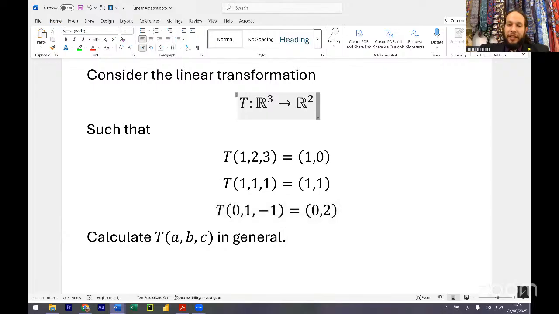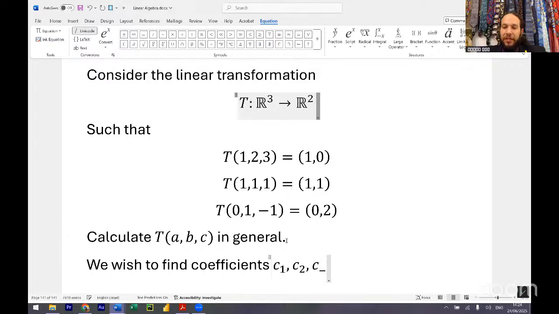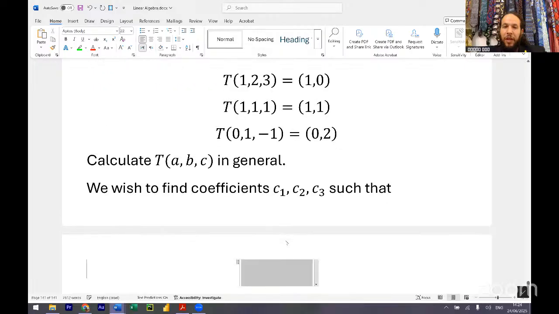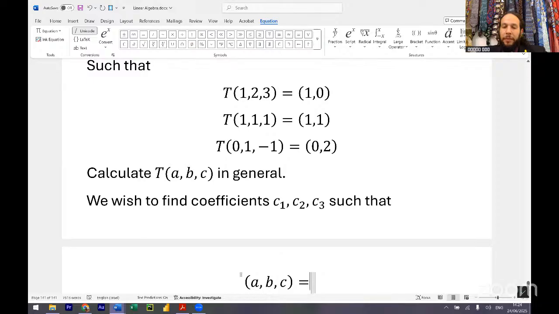We wish to find coefficients, and let's call them C1, C2, and C3, such that A, B, C, the general vector, will be created with the vectors that we are given.